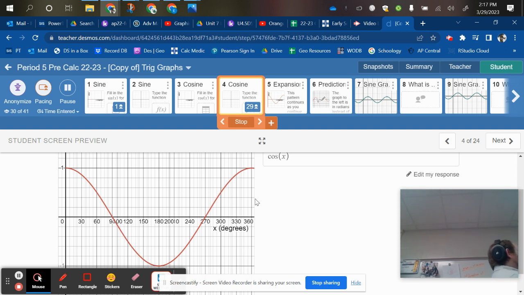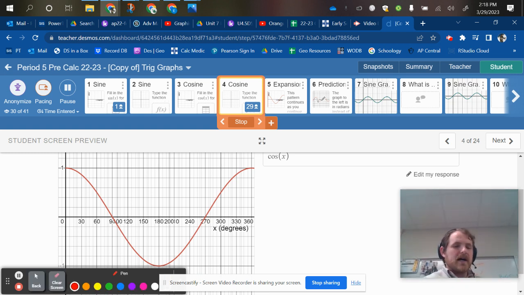Okay. A lot of us are putting our x's like this for our points. We're doing x, x, and then they're at 180. They're putting another x right there because for sine, that's what you did on the x-axis, right? It was like 1, 2, 3, all perfectly together like that.